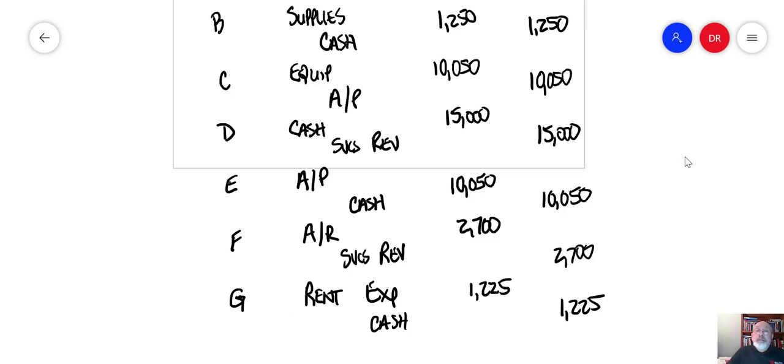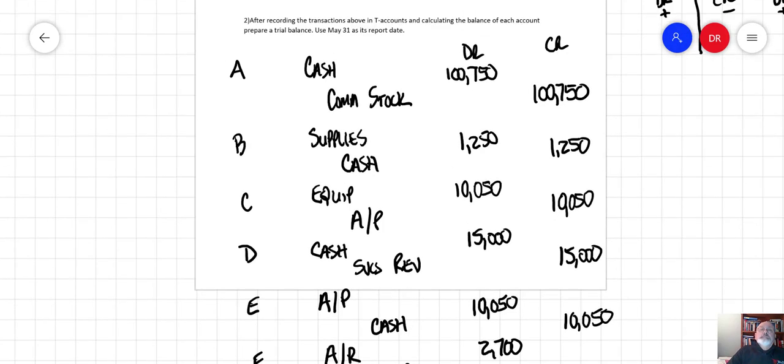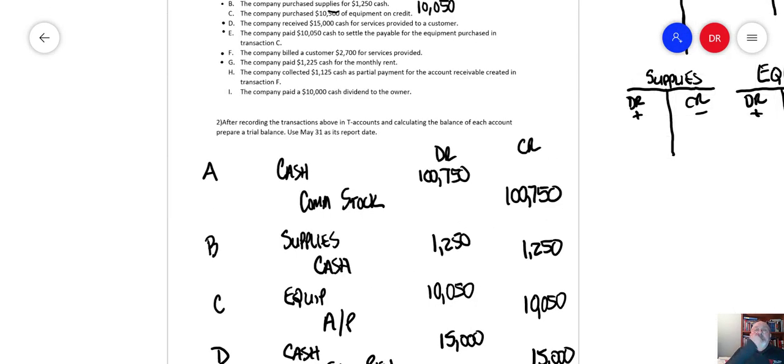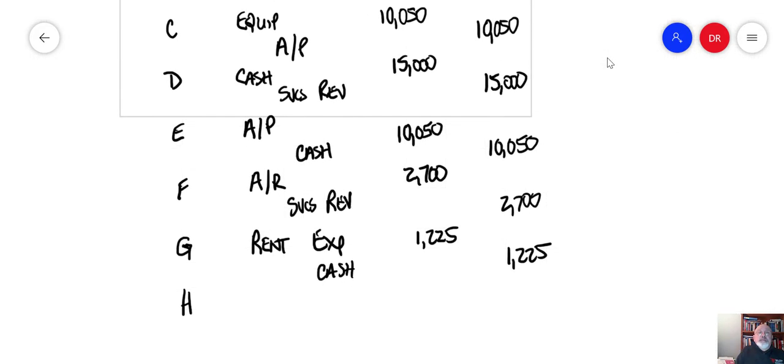All right, and then letter H. This transaction says that the company collected $11.25 in cash as a partial payment for the accounts receivable created in transaction F. So we're going to collect money on these accounts receivable that we set up in F. That means we're receiving cash.